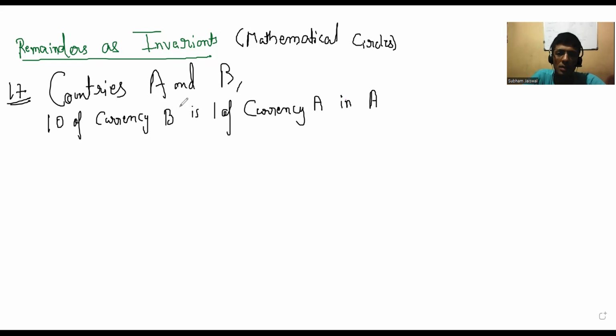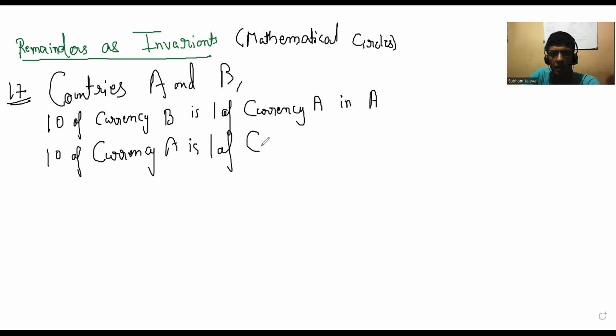Similarly, in the country Dahlia, the exchange is $10 for $1, so 10 of currency A is 1 of currency B in B. At least that's what I make of the question.